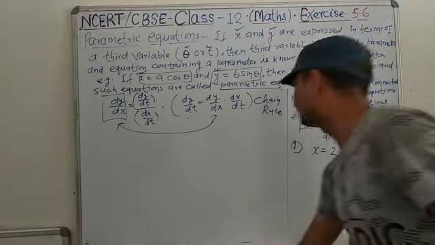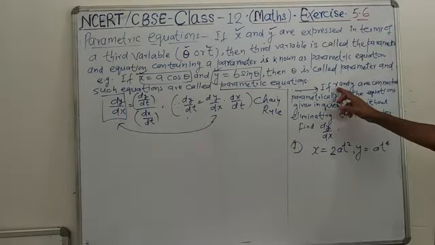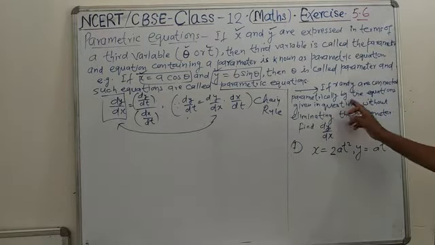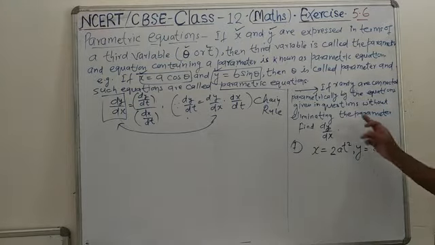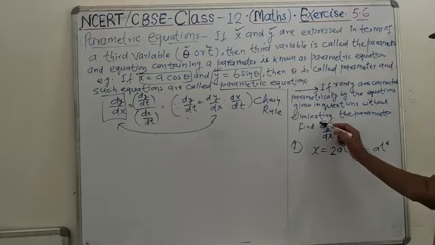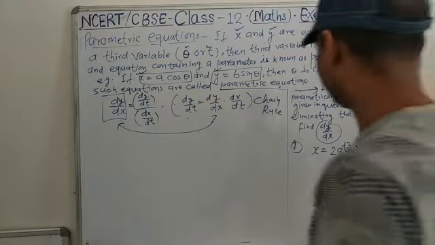Question number 1 is, if x and y are connected parametrically by the equations given, without eliminating the parameter, find dy by dx. हम लोग को निकालना है dy by dx.